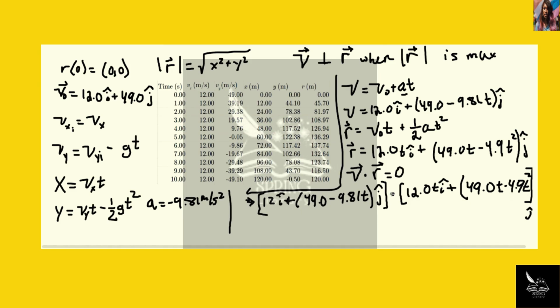And then when you run through this dot product, you find that t equals 0 seconds, 5.69 seconds, and 9.3 seconds.